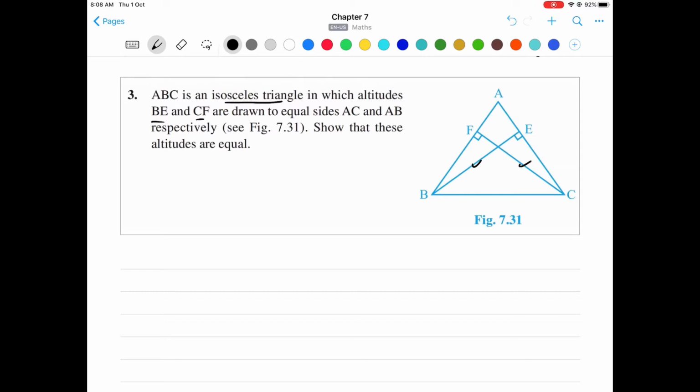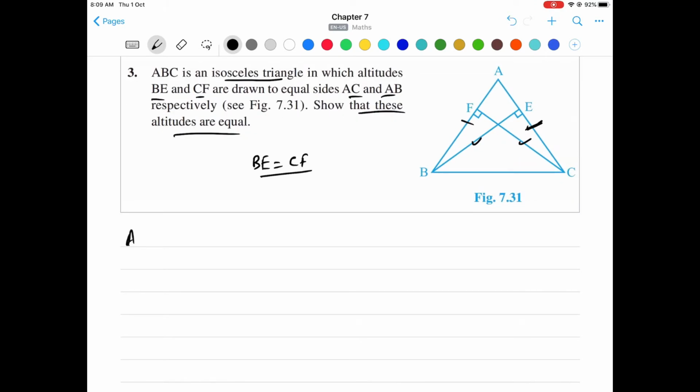That means AB is equal to AC. We have to show that these altitudes are equal. That means we need to prove that BE is equal to CF.